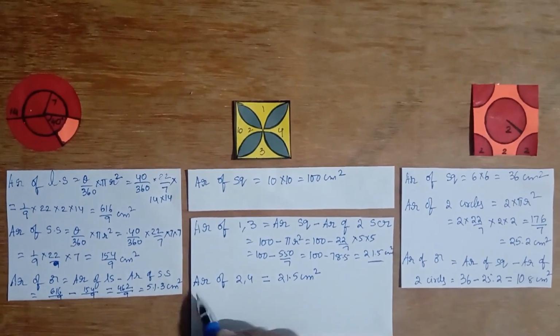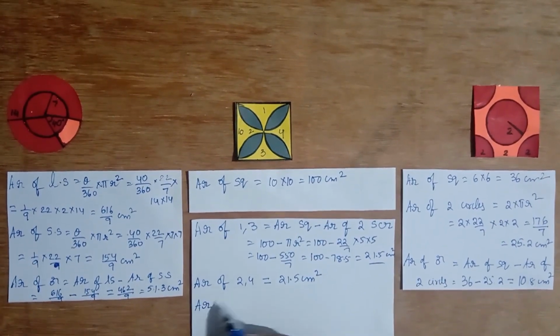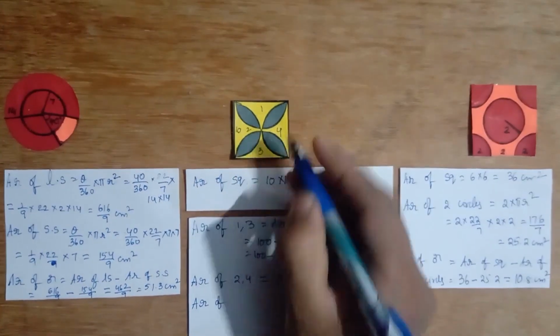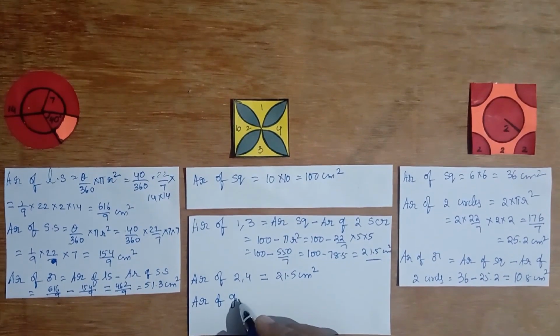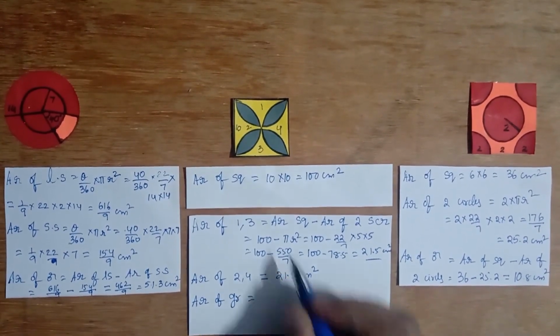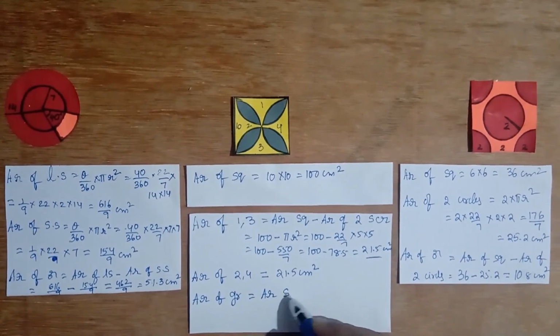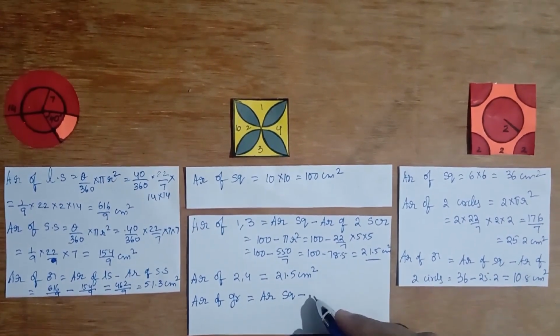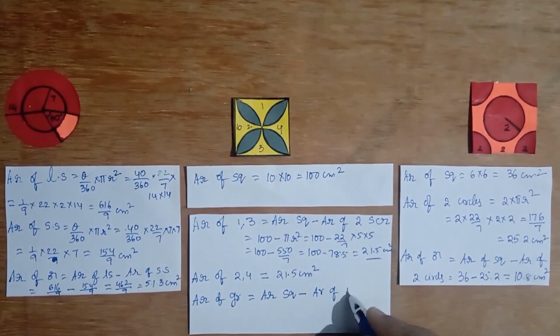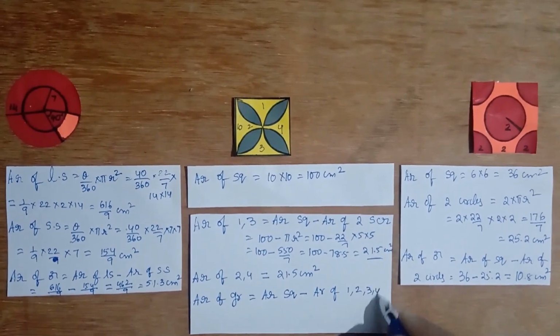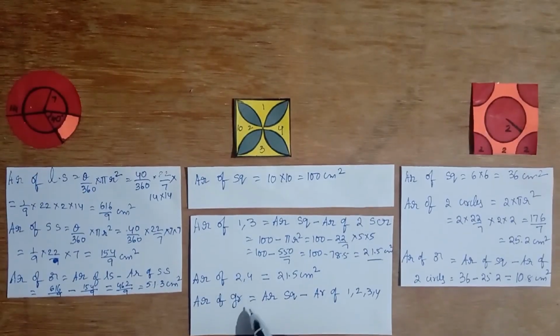Therefore, area of gray region equals area of square minus area of 1, 2, 3, 4 yellow regions.